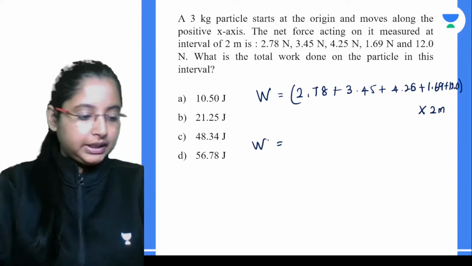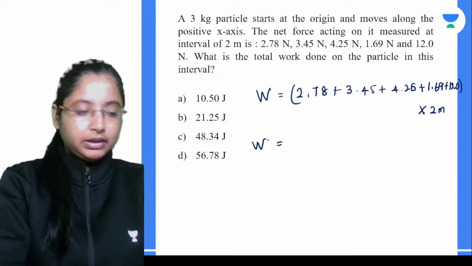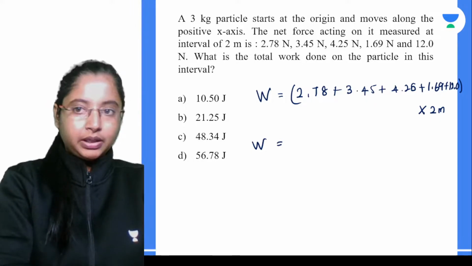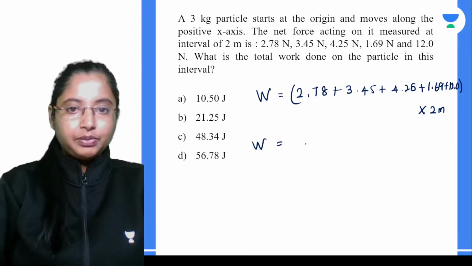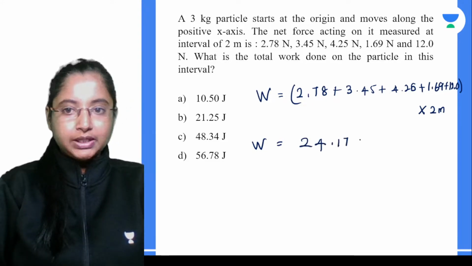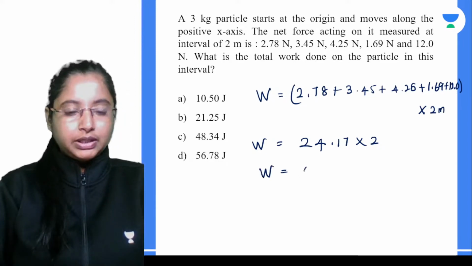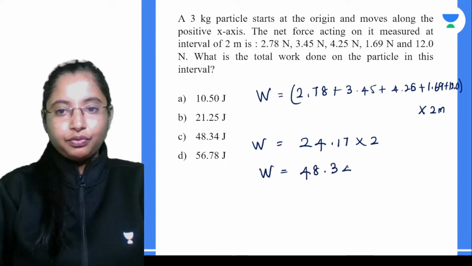So work done in this case, let's see quickly. This comes up to about 24.17 into 2, so if you just double the value, work done in this case will be around 48.34 joules.